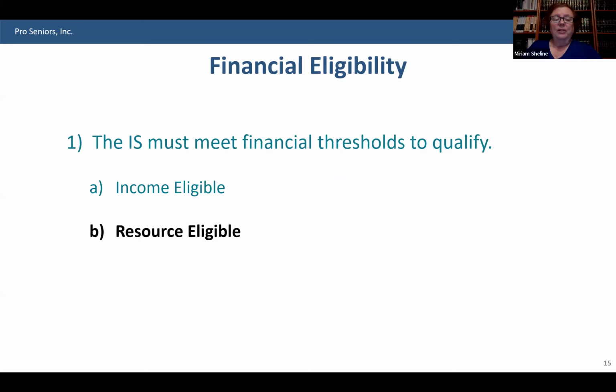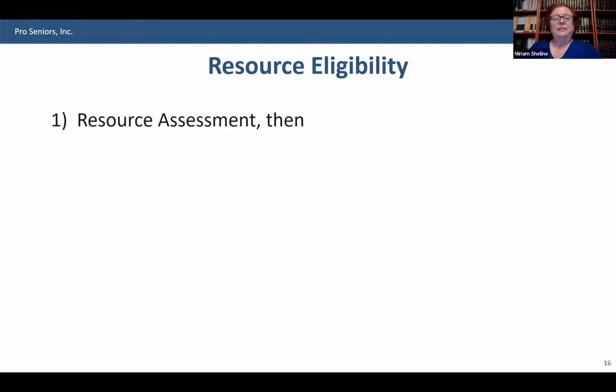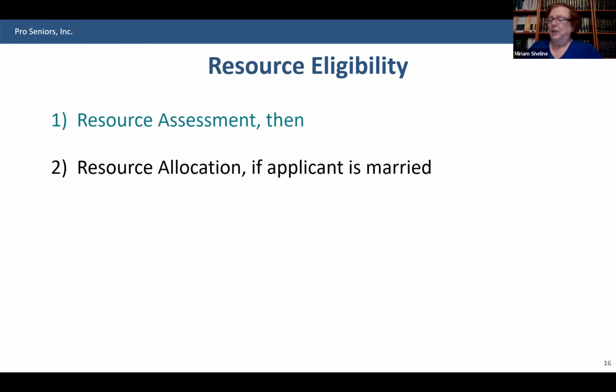From there, we went on to talk about resource eligibility. We have our spreadsheet, where we have to do a resource assessment, followed by the allocation between the husband and wife, or between the spouses.